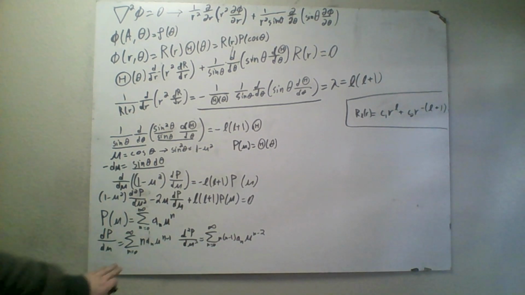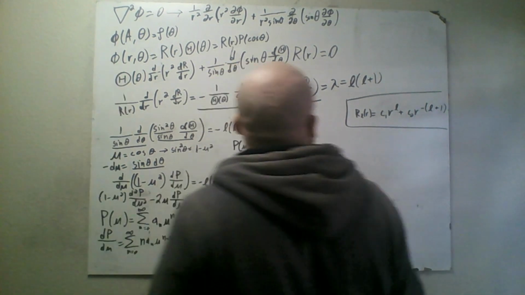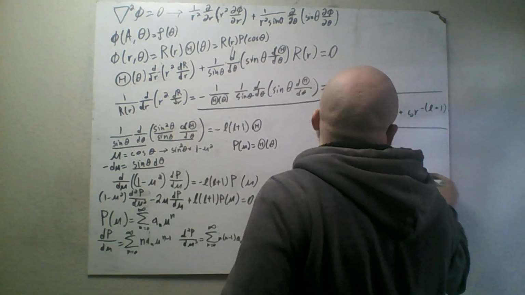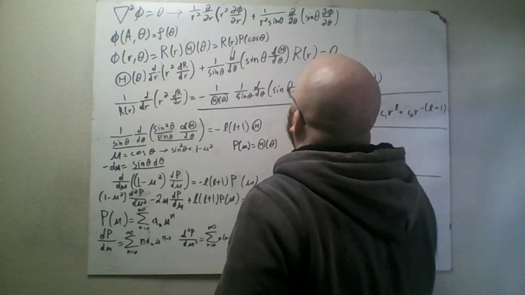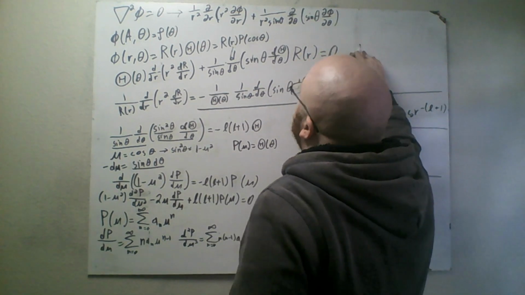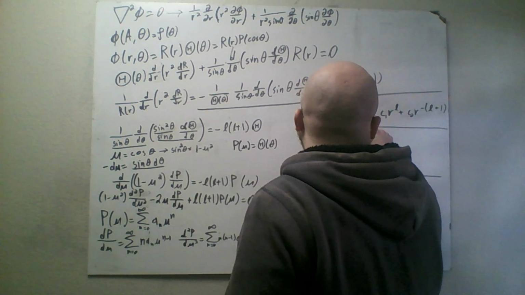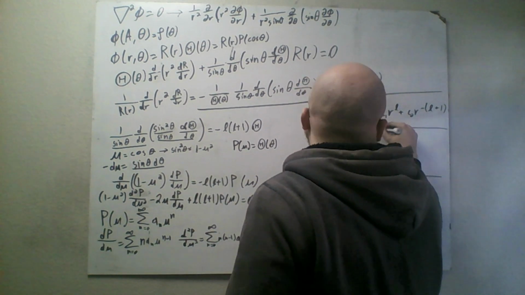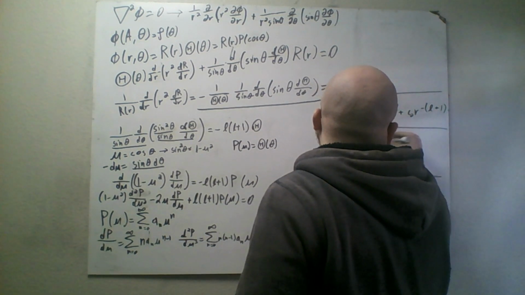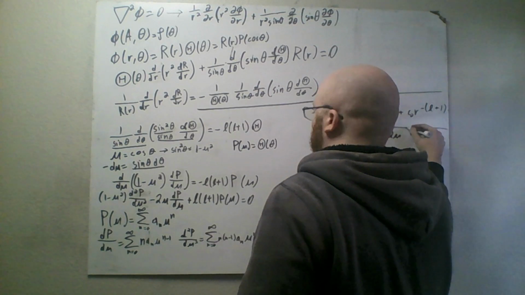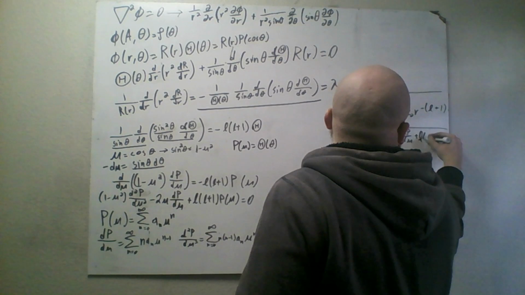All I really need to know is this equation. So I'm going to write it over here and then erase everything but the boundary conditions and this guy, because I've already done all the work here that I need to. So 1 minus mu squared times the second derivative of p, minus 2 mu times the derivative of p, plus L times L plus 1 times p.